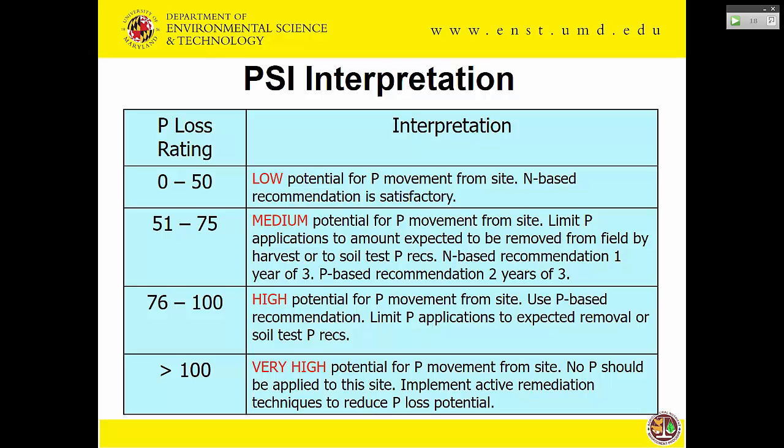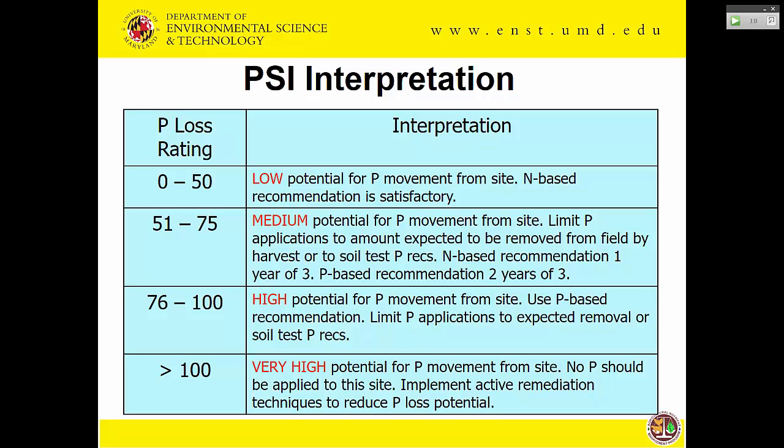You can only do nitrogen-based planting 1 year in 3, and the other 2 years you can do P-based or P-soil test-based. If you're high, 76 to 100, there's a high potential for phosphorus to move from the site. So if these folks have these scores even now, they're restricted to phosphorus-based recommendations, removal or P-soil test. And if you're above 100, you're very high and you can't add any more phosphorus, even under the tool we have now, the phosphorus site index.